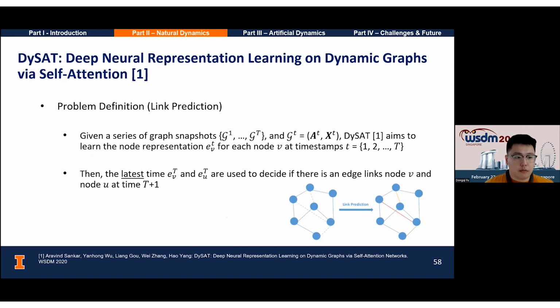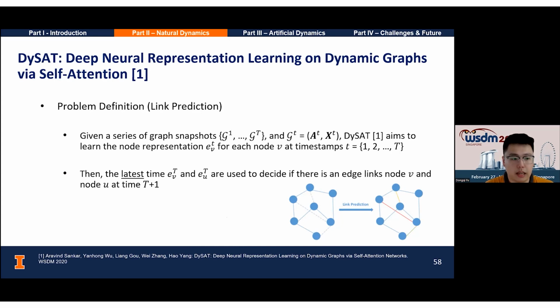This is the formal problem definition of DYSAT, which is link prediction. The first thing we need for link prediction is, given a sequence of graph snapshots from G1 to G capital T, where each G_t has its own adjacency matrix and feature matrix.